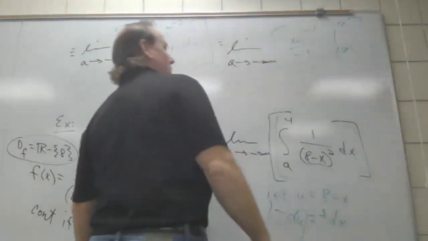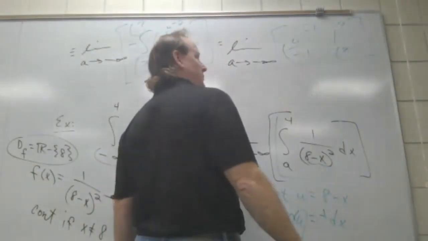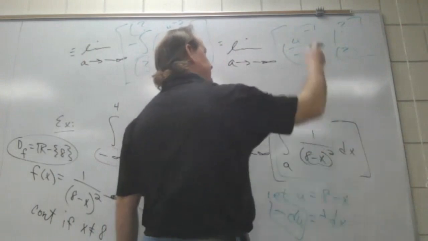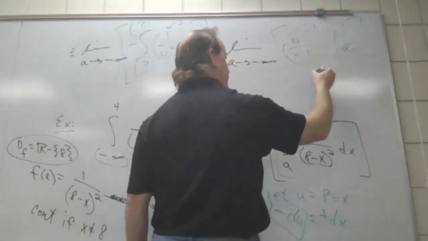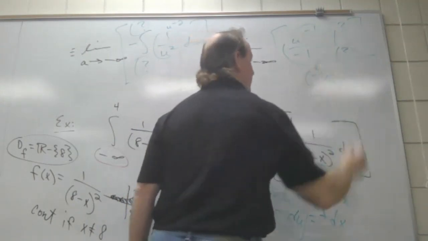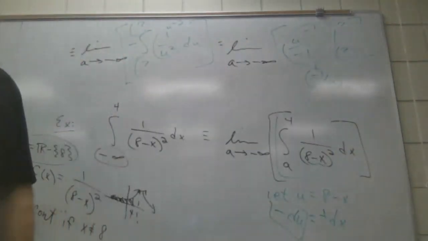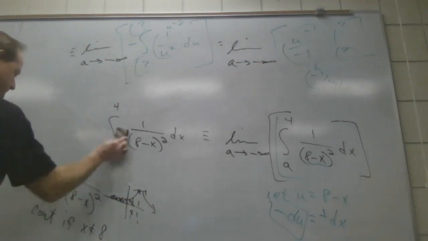Right? And of course, if I do this, how can I rewrite that? That u to the minus 1 can drop down. And then you've got a minus sign. So it's minus 1 over u, right? That's what that looks like, if I'm just using algebra. So here's what I'm going to do.